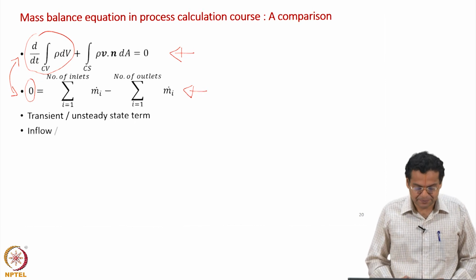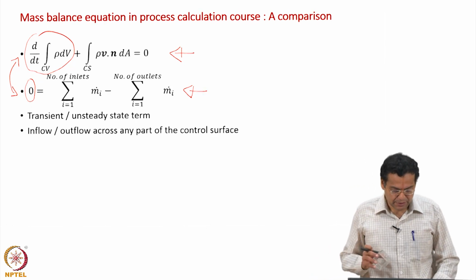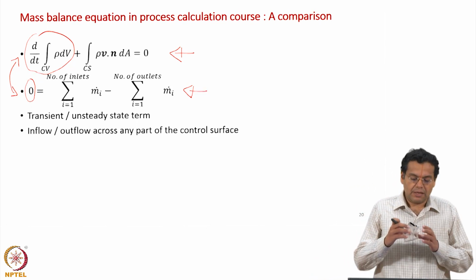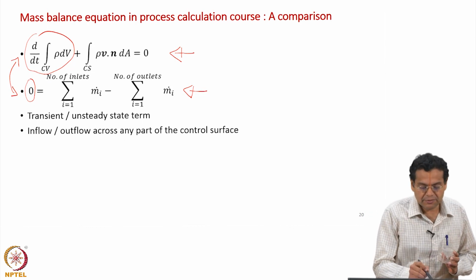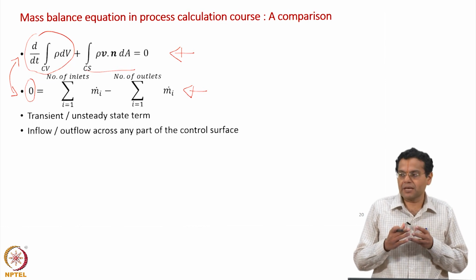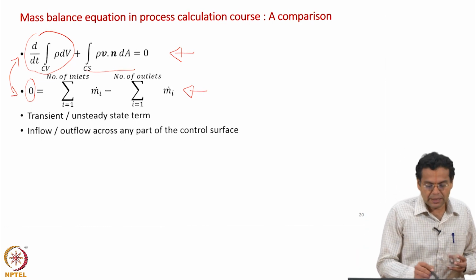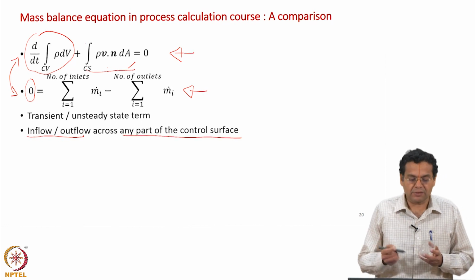Now, next, in the case of the process calculation course, you would have allowed for well defined inlets and outlets. Now, because of the surface integral, I allow for any part of the surface to behave as inlet and outlet. So, because of taking a surface integral over the surface area, we account for inflow and outflow across any part of the control surface, that way more generic.